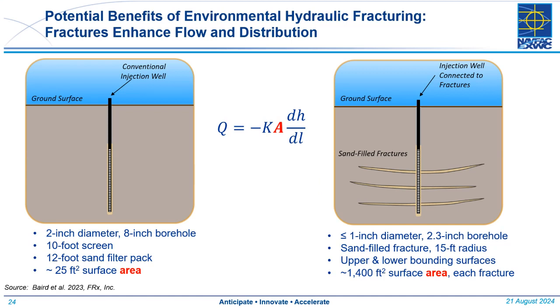But when we do hydraulic fracturing, what we typically get is a 15-foot radius sand fracture, and looking at the upper and lower bounding surfaces for that fracture, we can increase the surface area up to 1,400 square feet for each fracture. So we really can vastly increase the surface area for delivering things to the subsurface and allow for enhanced flow.